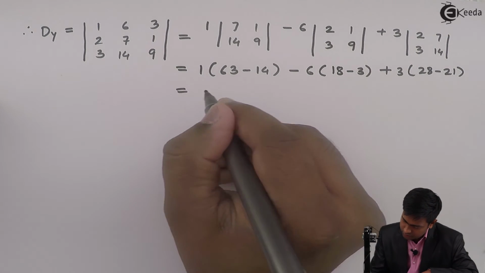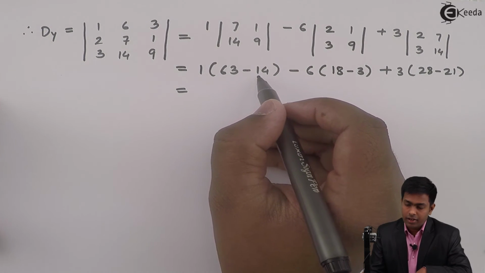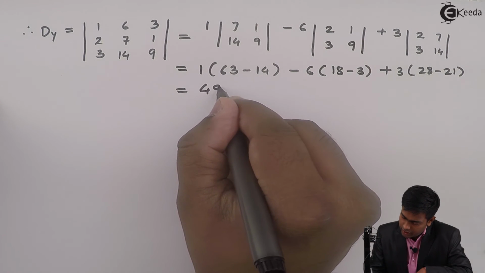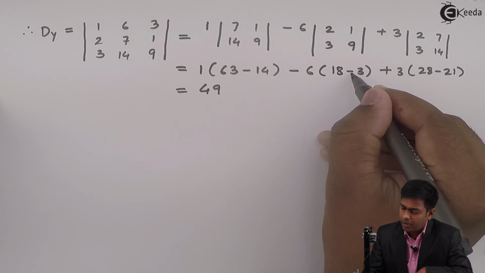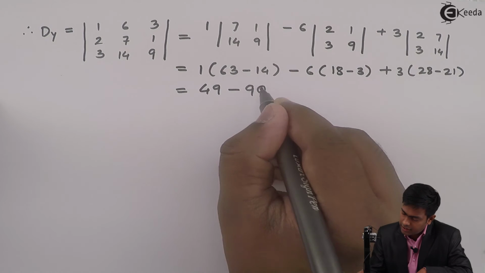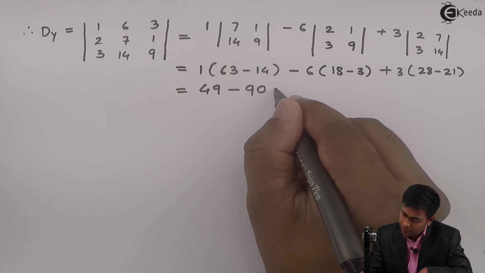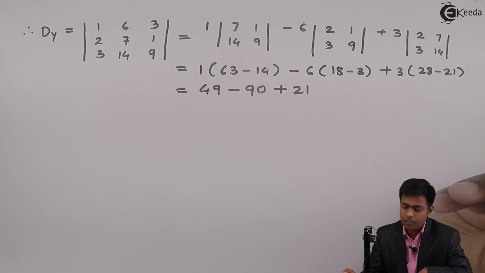So here we will get 63 minus 14, that is 49, and 49 into 1, that is 49. 18 minus 3 is 15, 15 6s are 90, so minus 90, and 28 minus 21, that is 7, and 7 3s are 21, so plus 21.